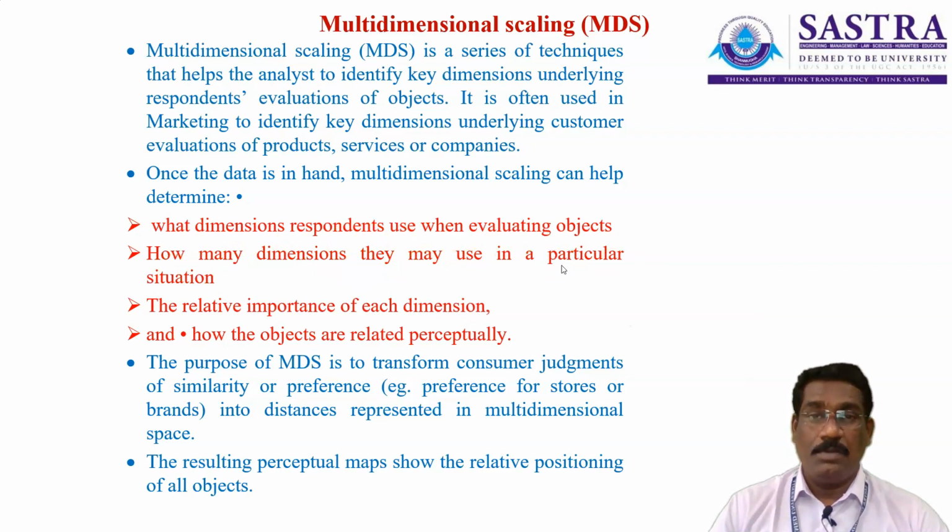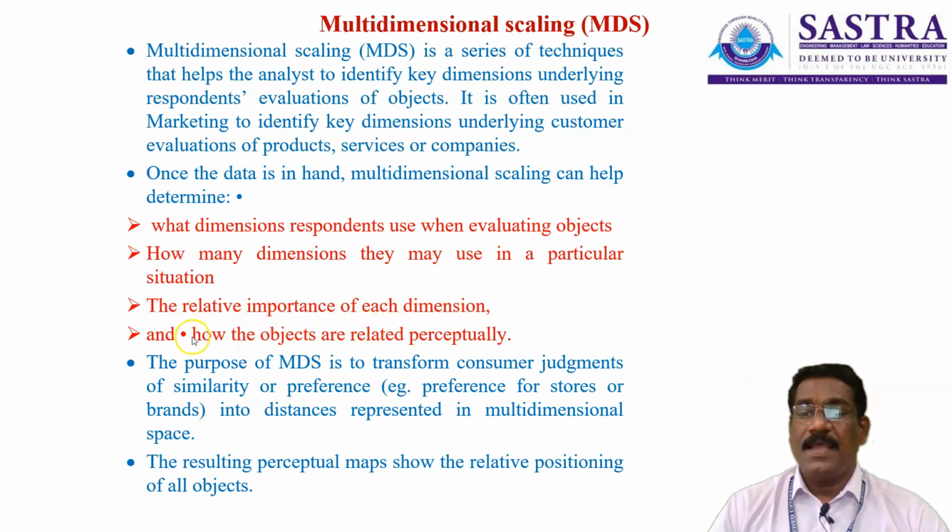When you go and purchase a laptop, I may go for high-speed RAM, graphics card, and more memory space. When you go and buy, your preference will be totally different. So we want to know how many dimensions they will use in a particular purchase situation, and also the relative importance of each dimension.